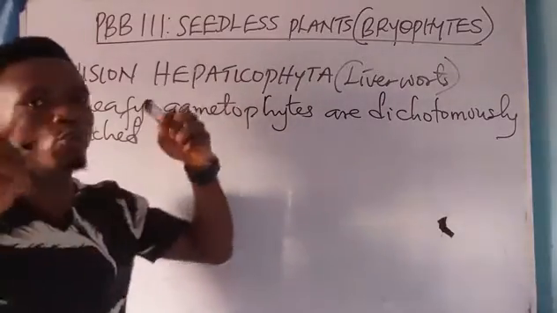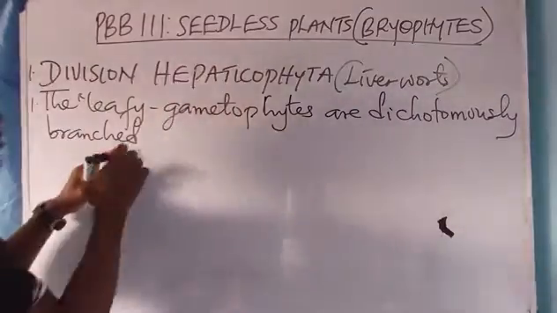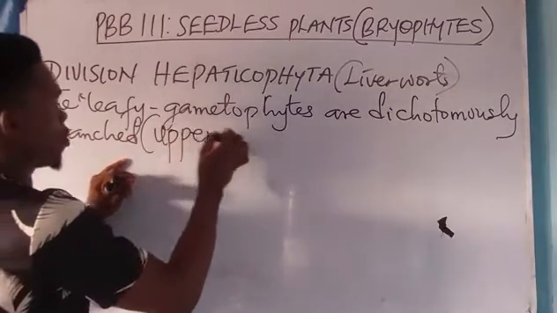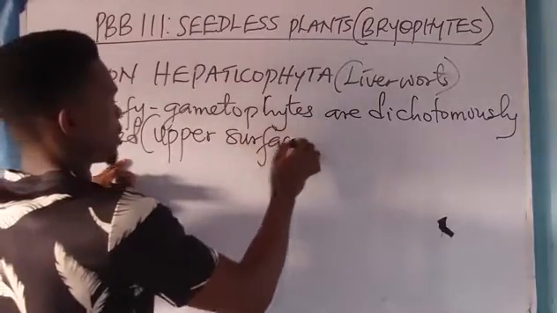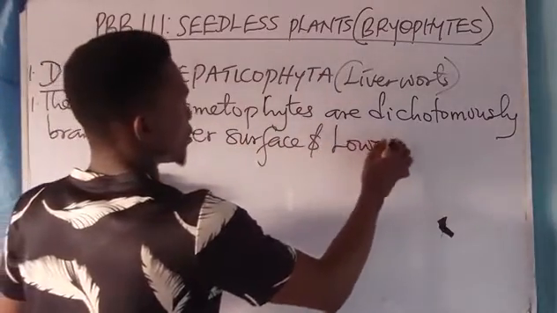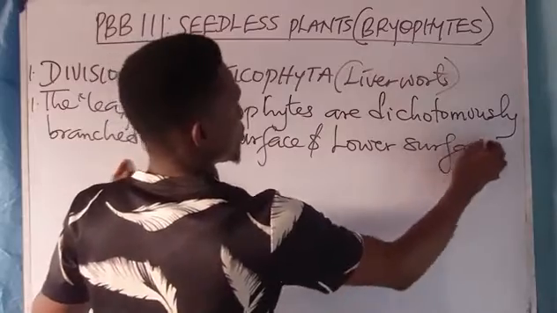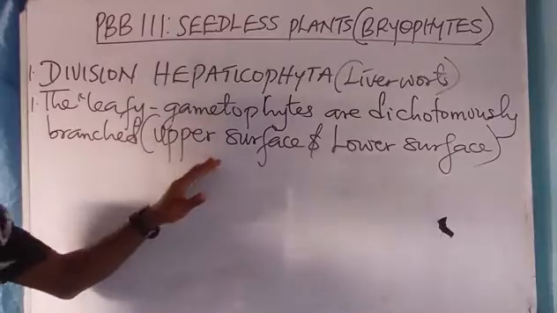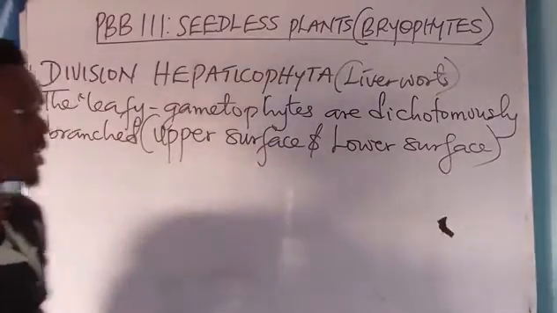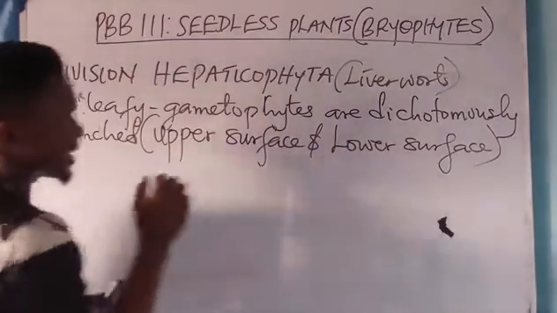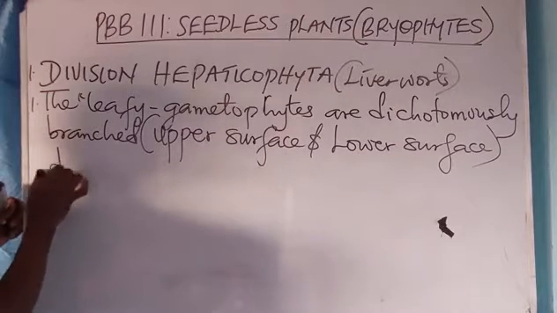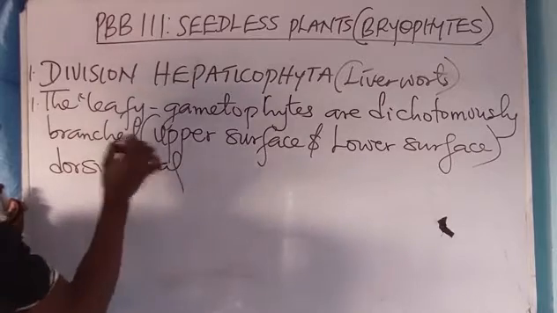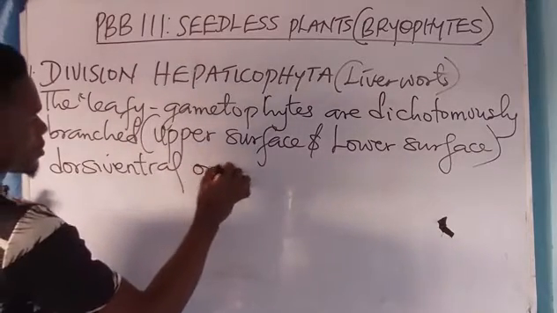Leafy. And they are what? Dichotomously branched. That is, they are divided into upper surface and lower surface. They have the upper part and what? The lower part. Now, it is this lower part that makes them be called dorsiventral organisms.